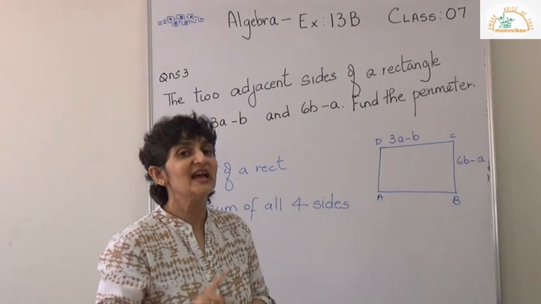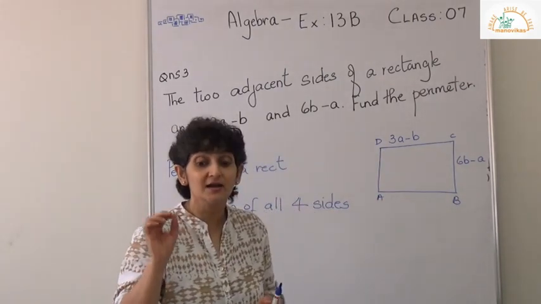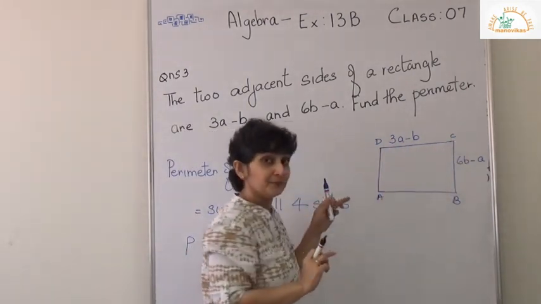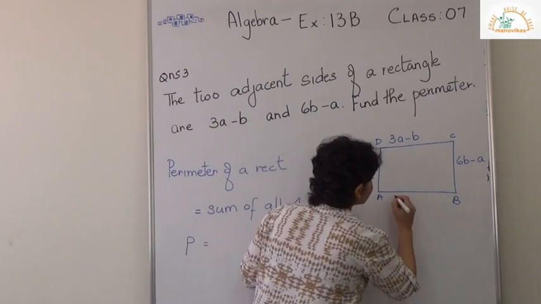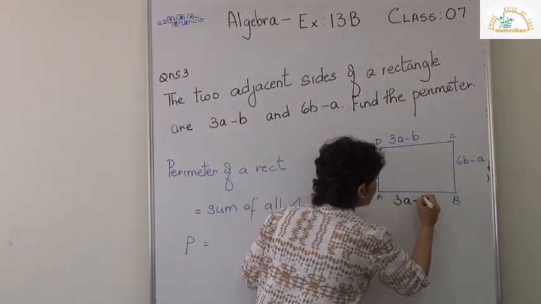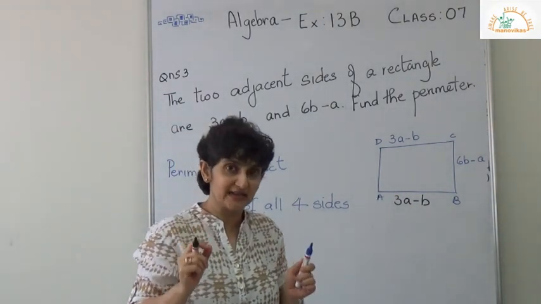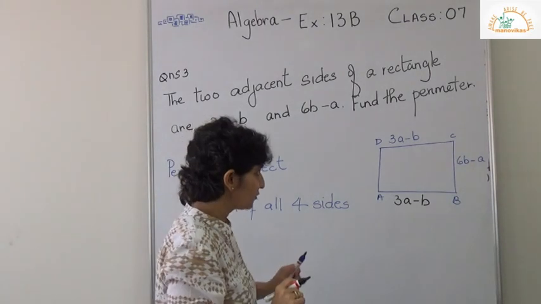Now you know, in a rectangle, the opposite sides are equal. If this is 3a minus b, then this side is equal to this. Then this also will be 3a minus b. The properties of a rectangle are the opposite sides are equal.